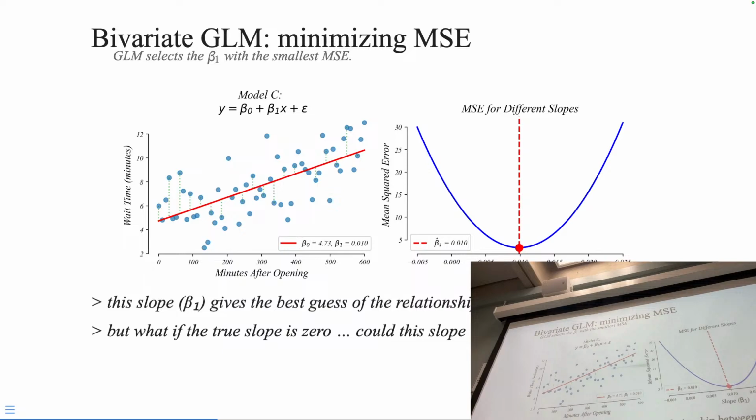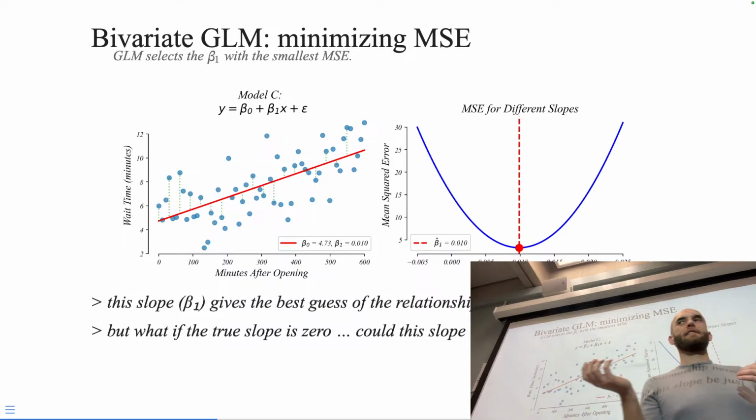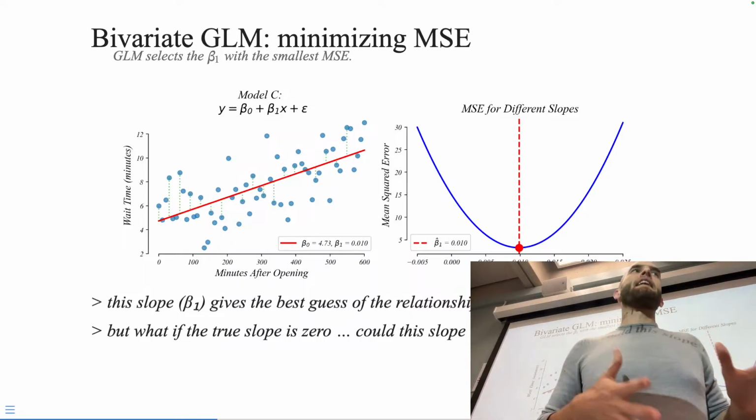Or what's the probability it's actually telling us something about a relationship existing? If the slope is actually 0, could we be seeing this? Is this consistent with no slope at all? Which would tell us that there isn't a relationship between wait times and minutes in the day, even though we're seeing it in our sample.